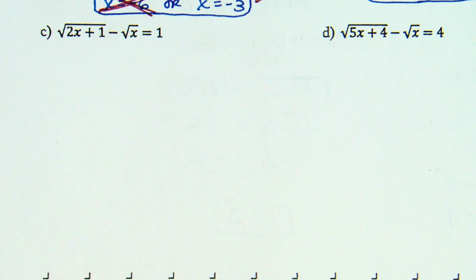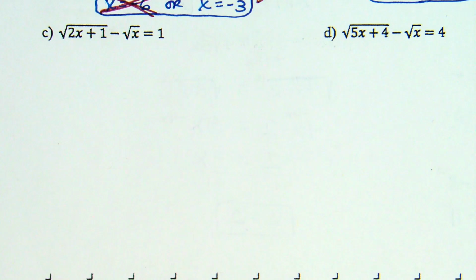We separated them. We put 1 radical on each side. Different in this problem, there is also a 1. So one of these radicals isn't fully going to be by itself. But you still need to separate the radicals.